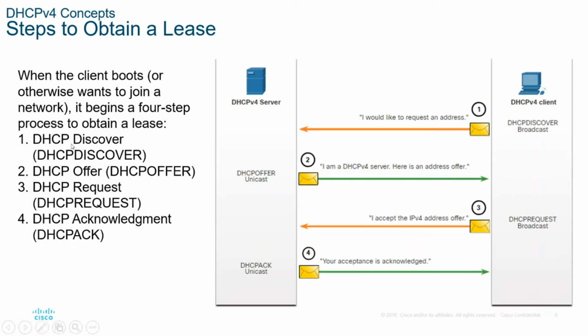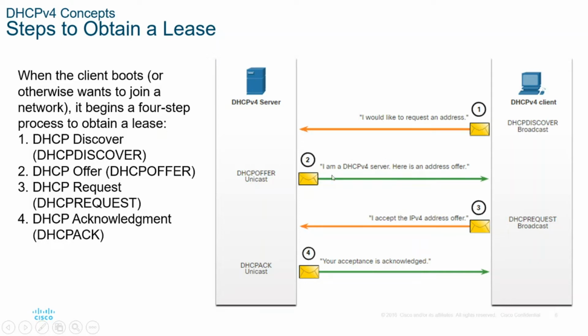At first, the client will start the communication: the DHCPv4 client sends a DHCP discover, for example, saying I would like to request an address, to find out the available DHCPv4 server on the network. If we have a DHCP server, then the DHCP server will reply by sending DHCP offer packets to the clients.